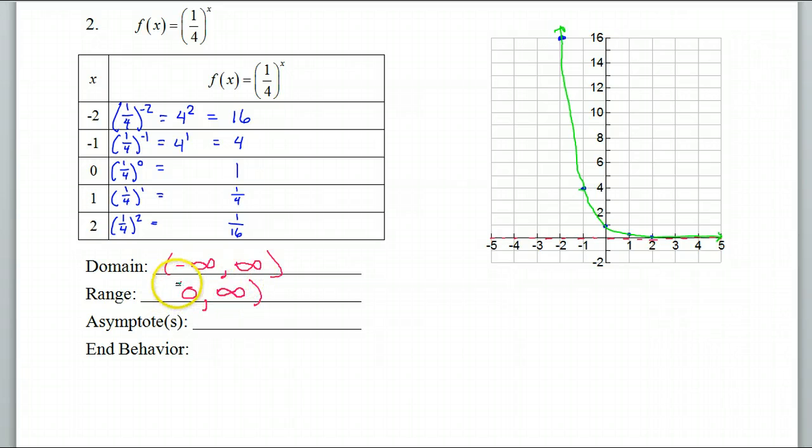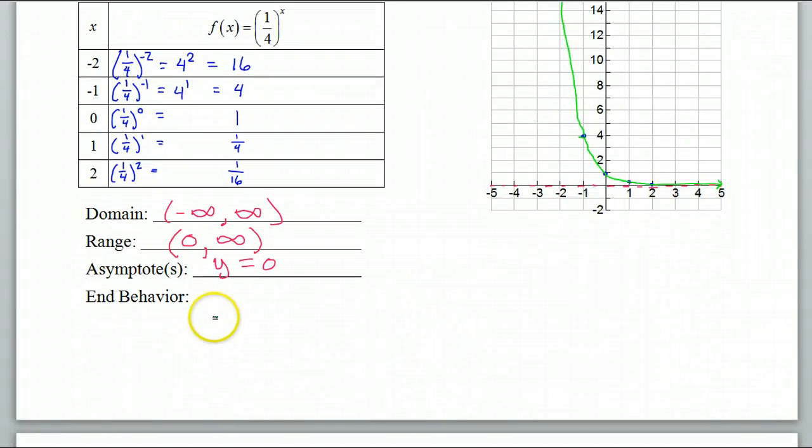Just make sure you use a round parenthesis on the 0 to reflect that we're not including the asymptote, because even though it appears to come down and touch because it's so close, in reality, in our minds, we know that it never really touches. 1/16 is close, but it never touches. 1/1,000,000 would be really close, but still not 0. So our asymptote, once again, is y equals 0. Do not forget the y equals part.